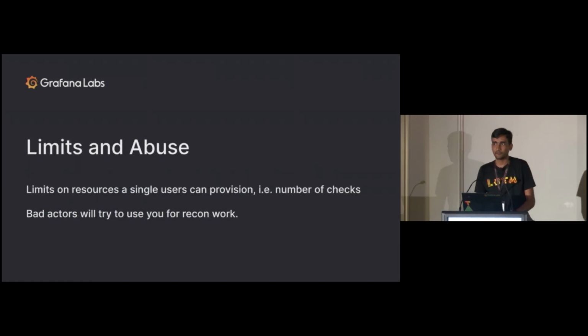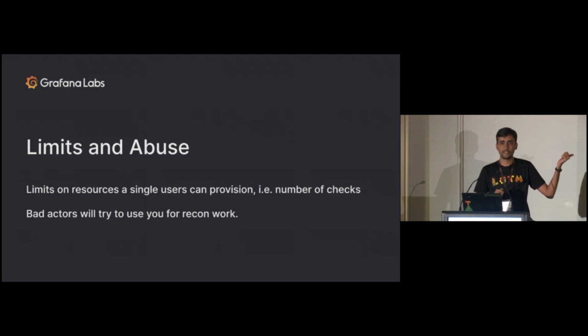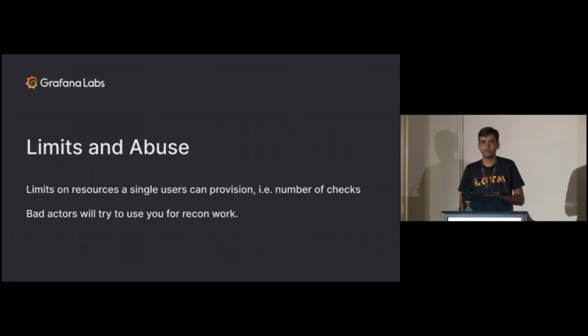So another one is limits and abuse. I was talking about DNS, right? Before we used the public DNS, we used to rely on cloud providers' DNS when we were deployed on VMs. And if you do a lot of DNS queries, the providers will get angry and send you an angry email saying, stop whatever you're doing, which is fair from their point of view.